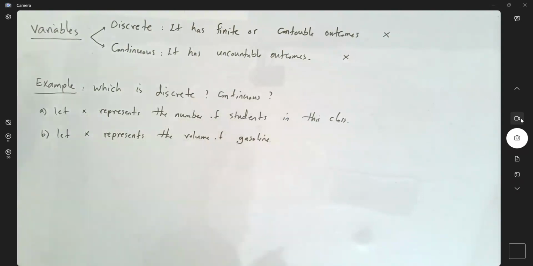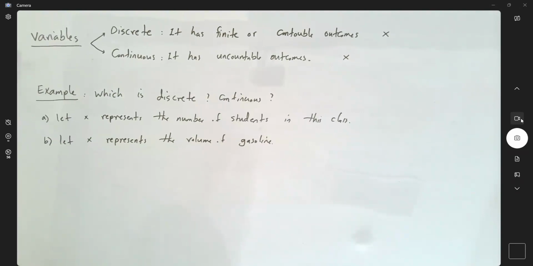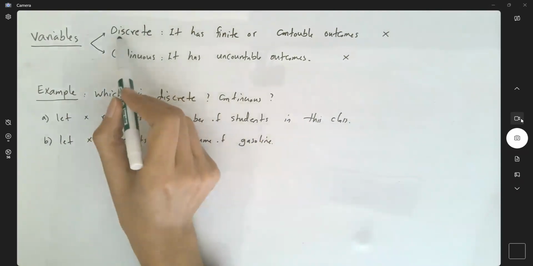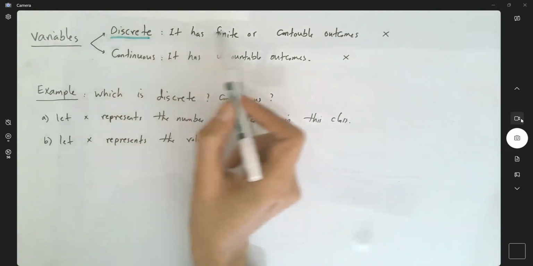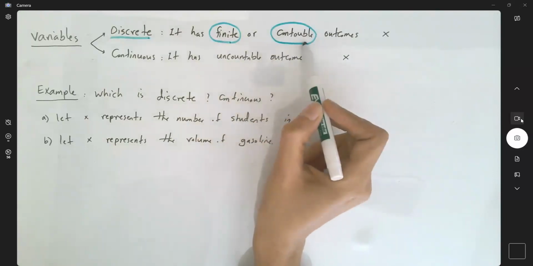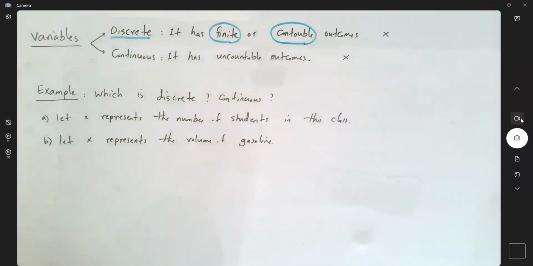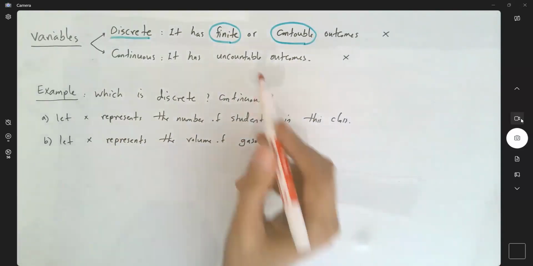So remember the definition. We always go back to the definition of different things in statistics. The very first one says, hey, I am a discrete random variable if the outcomes are countable or finite. And continuous is when it is uncountable outcome.